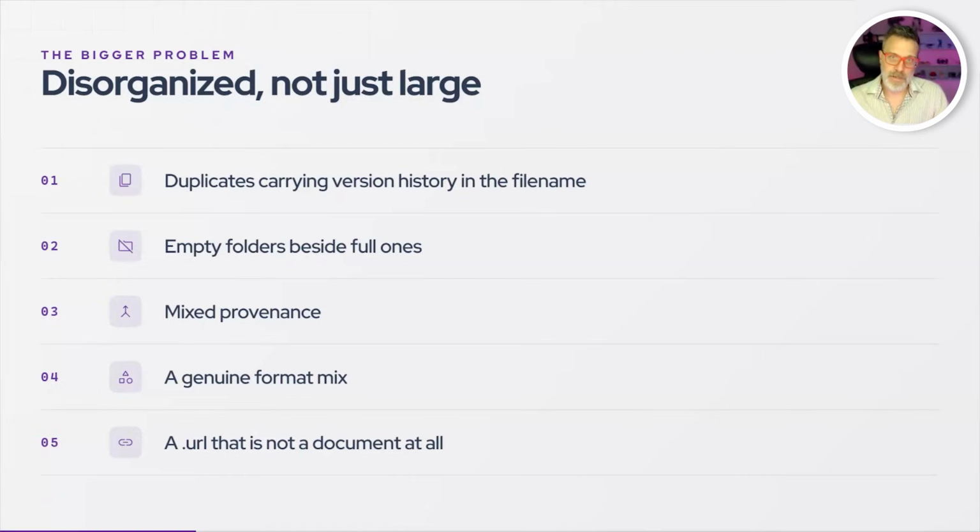Mixed provenance. Source material tangled up with somebody's internal working drafts, and a genuine format mix. PDFs, decks, Word schedules, Excel trackers, screen recordings, and a .url file that isn't a document at all. It's a link to a SharePoint page.